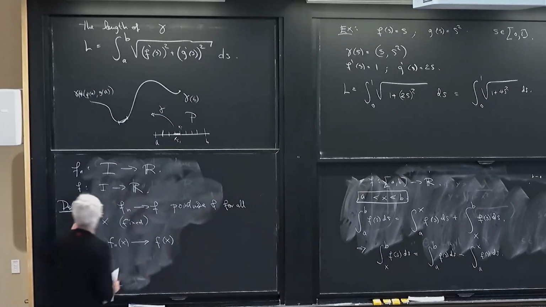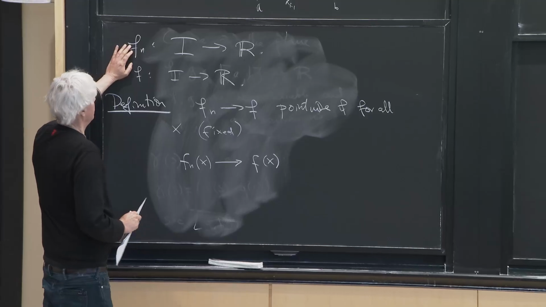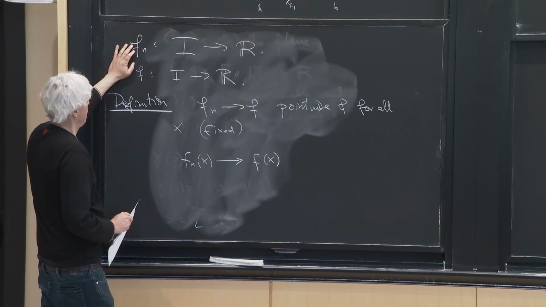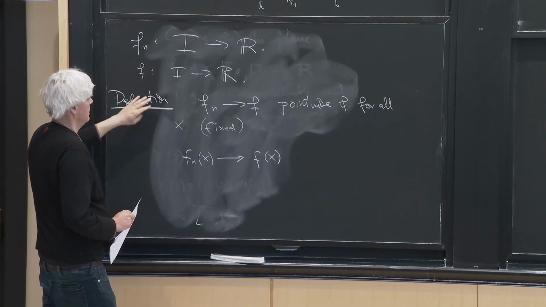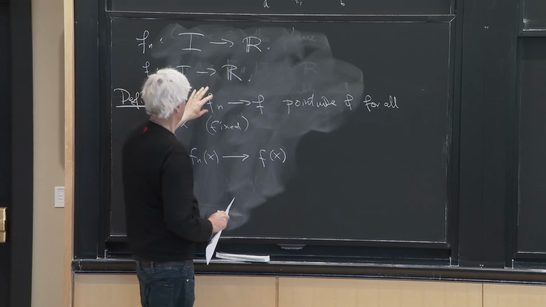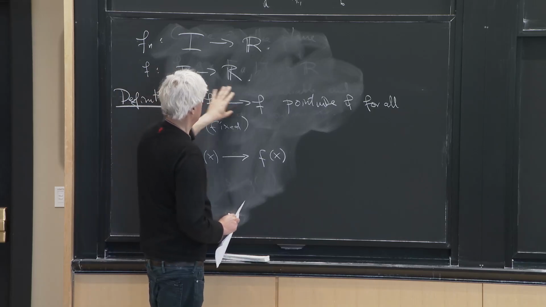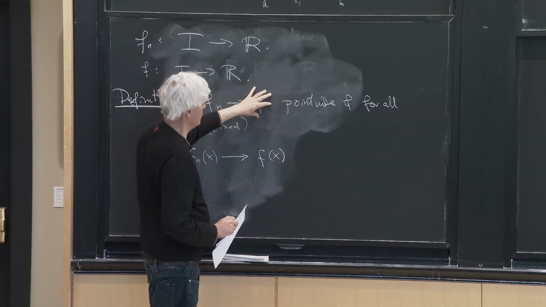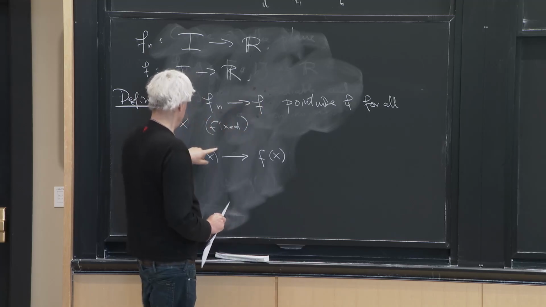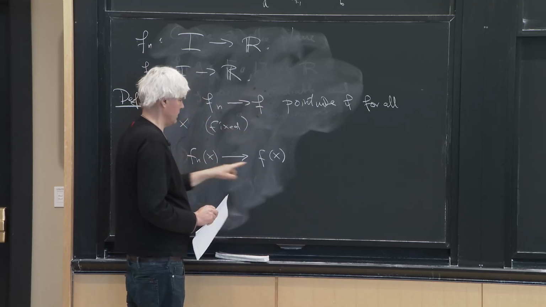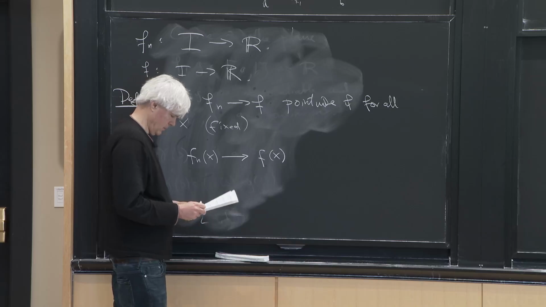Okay, so again, I have a sequence of functions on the interval. I have another function on the same interval, and we say that this sequence is converging pointwise to f if for all x fixed, when we're looking at this sequence, it converges to that. Right?